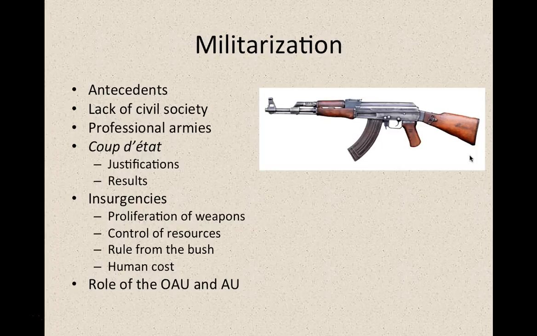The AU has actually sent troops into high conflict zones like Sierra Leone in the 1990s and the first decade of the 21st century, Liberia, more recently Central African Republic and Southern Sudan and places like that, and they have tried in some way to keep the peace, and in some cases been partly successful at that. So there is hope for this, but militarization has been a major problem, a major source of instability, a major source of conflict, and I think probably will continue for some time to fill that role.